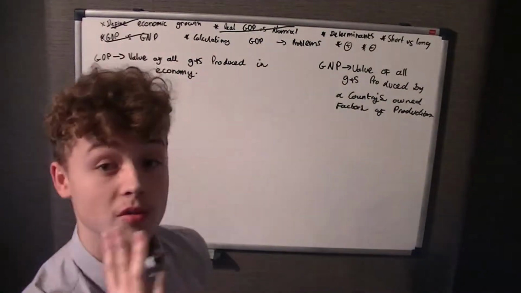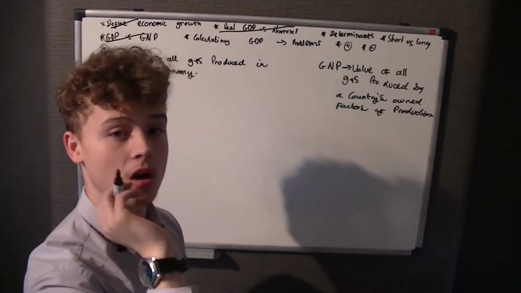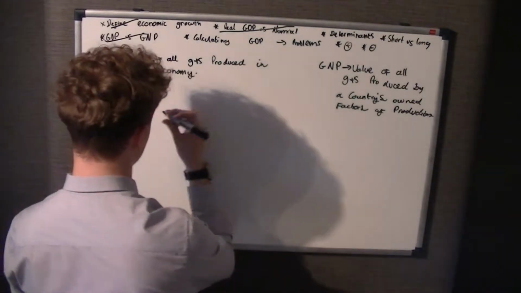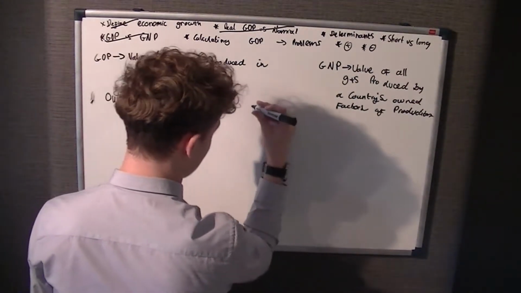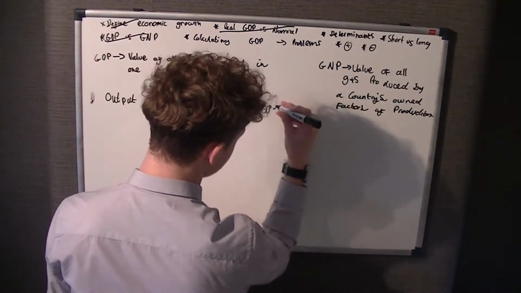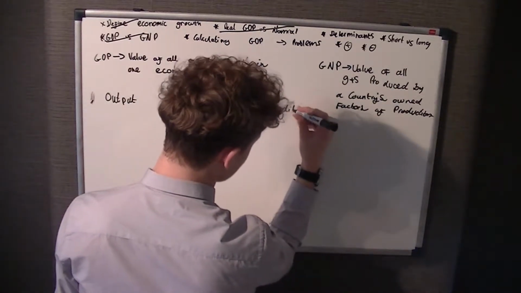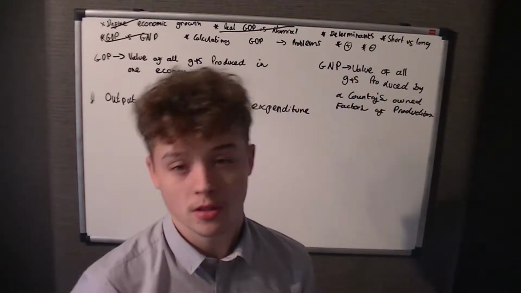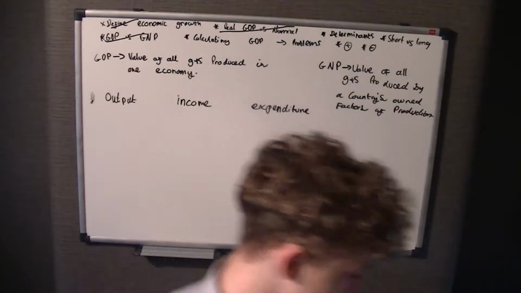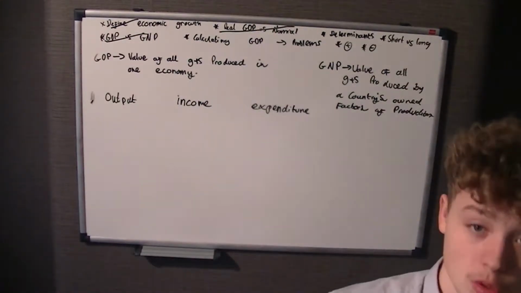These are all different types of approaches, by the way. So we've got output approach, we've got the income, and we've got the expenditure. Now these are three ways. Two of them you've got to be a bit careful of.